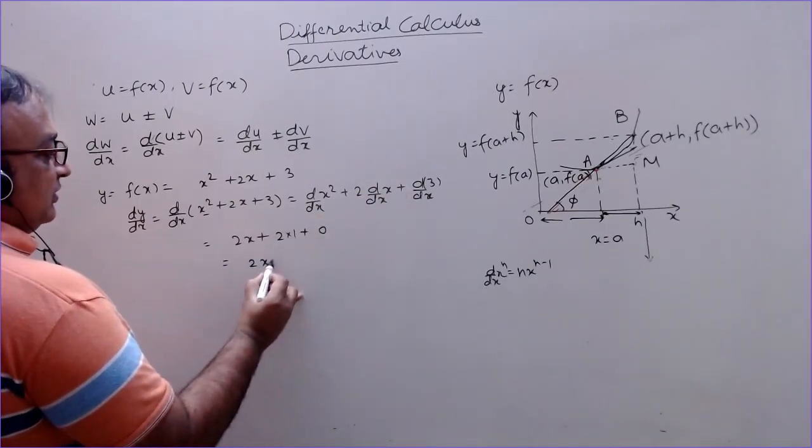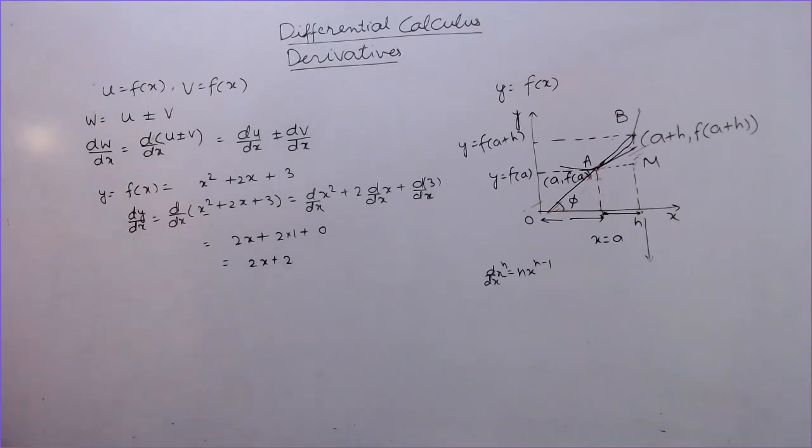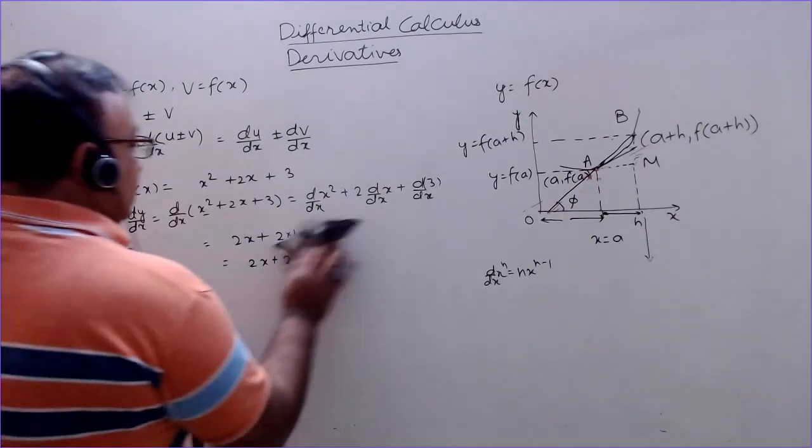So the answer is 2x plus 2. This is how you can find the derivative of a function which is expressed as a sum or difference of two functions.